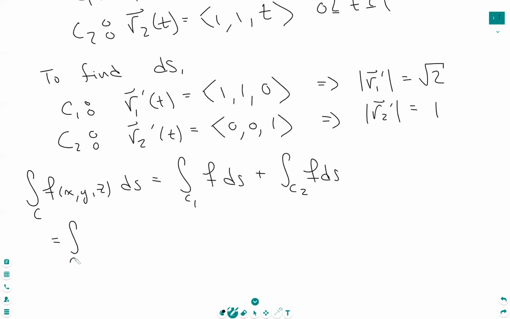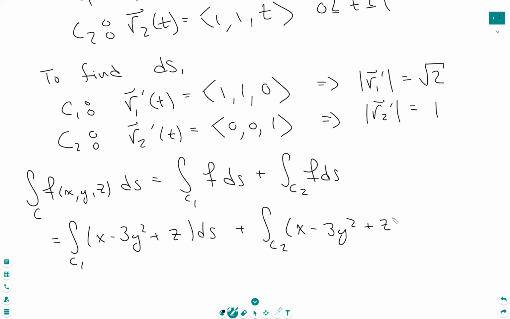This is the integral over C1. And our integrand was x minus 3y squared plus z ds. And we also have our second line integral, C2, of x minus 3y squared plus z ds.